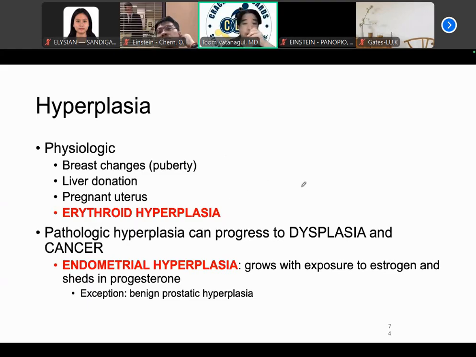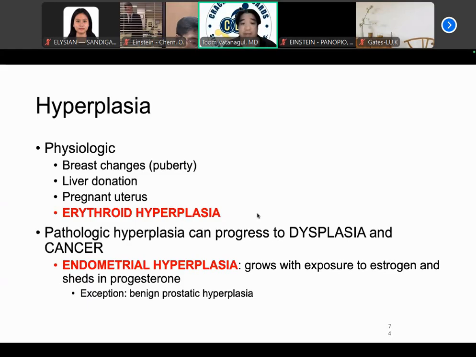Now, under pathologic hyperplasia, I want everyone to remember this. We have the classic example of endometrial hyperplasia, especially in a middle-aged woman presenting with, let's say, vaginal bleeding.